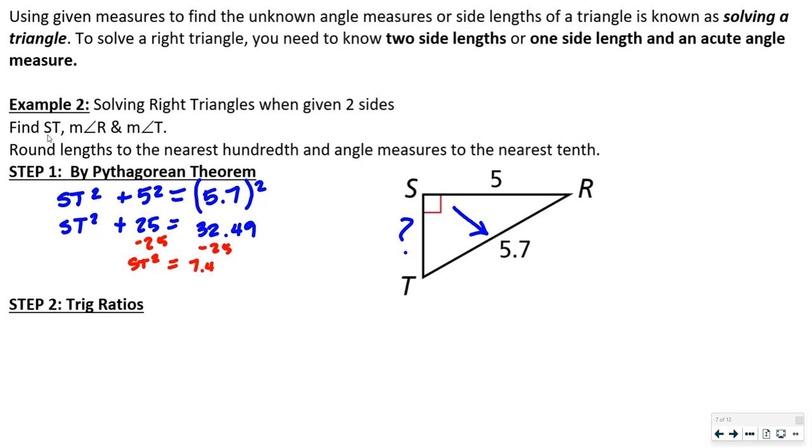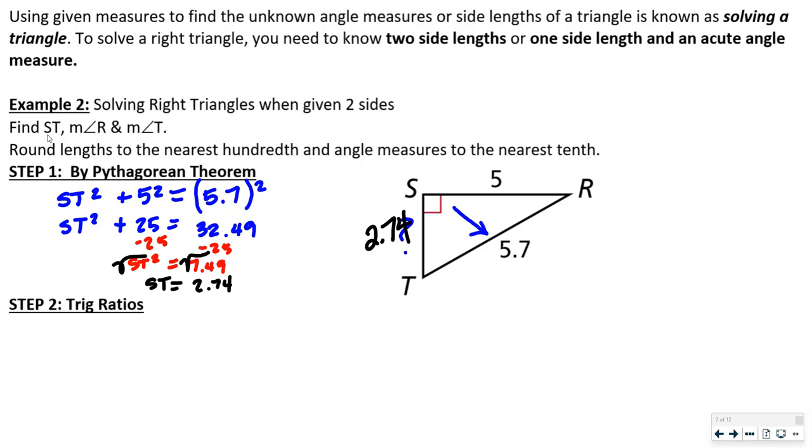Now, remember, we don't want ST squared, we want ST, so we take the square root of both sides. ST is going to be equal to 2.74. So I'm going to put it over here, 2.74. Now listen, I don't use things I found to find something else, because what if I made an error? So I'm going to use what I have.